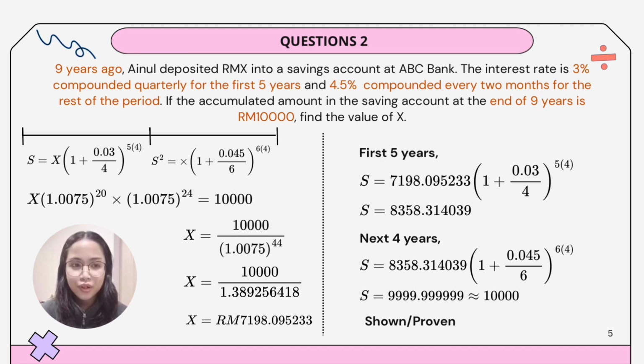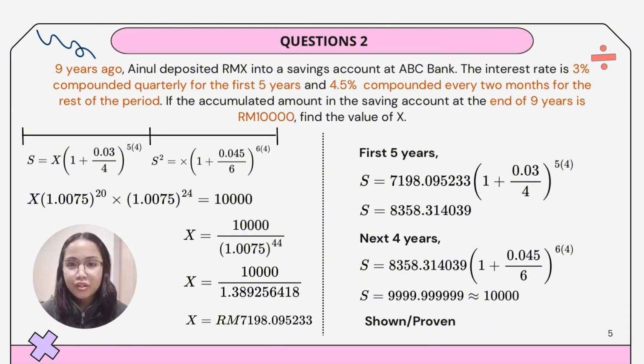Then for the next 4 years, the interest rate is 4.5%, which is 0.05 over M, where M is 6, to the power of 24, because MT is 6 times 4. So all added together we assume is 10,000.